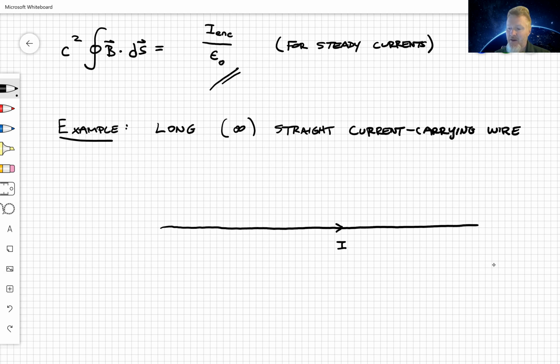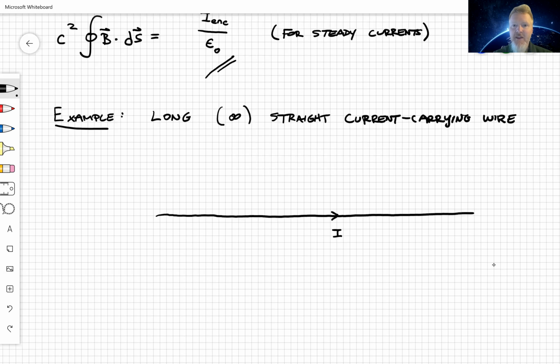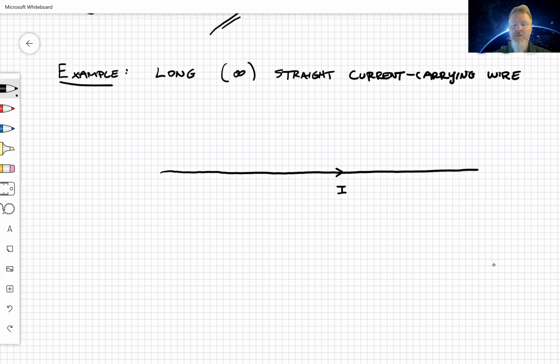So we need, in this case, to invent a curve that we can sum the circulation around. We need to draw a curve so that it does the same thing as the Gaussian surface did.